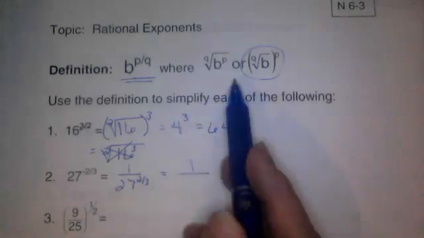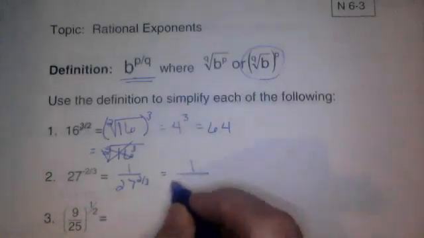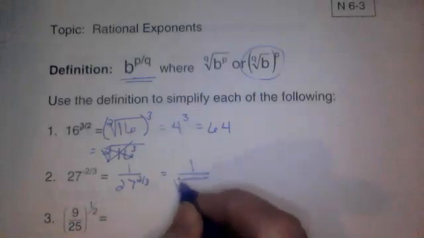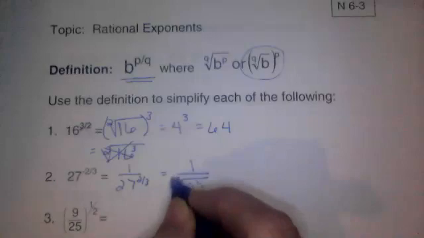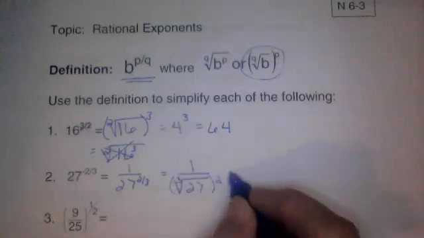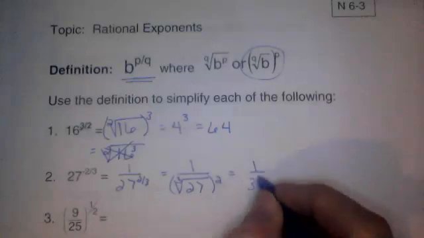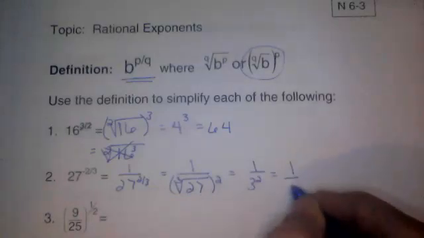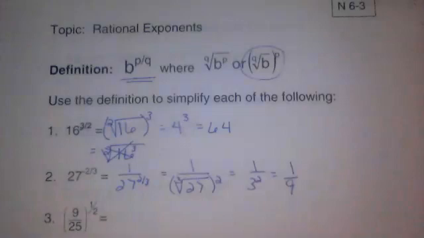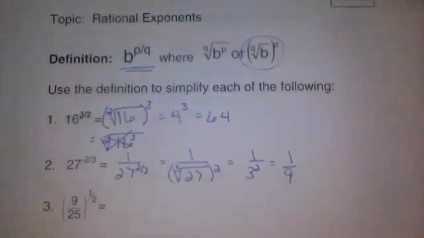So now I'm using the rule that I have from today, and I know that I want a cube root, this number on the inside the root, of 27 squared. And the cube root of 27 is 3, so I have 3 squared, and 3 squared is 9. So 1 over 9.